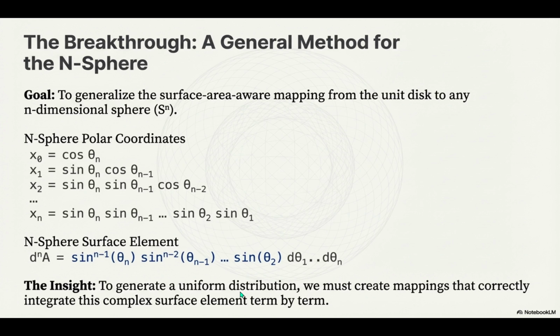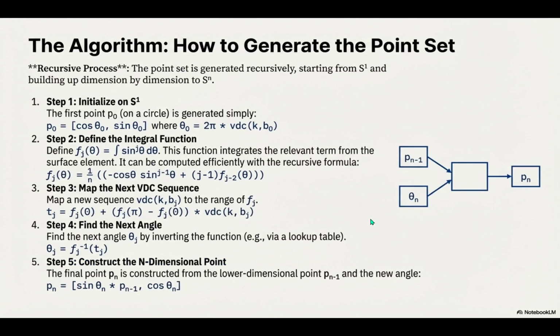And this is why the approach in the source material is so significant. They figured out how to generalize this principle using a really elegant recursive framework. Okay, let's step into that breakthrough. How does this new algorithm handle that massive trigonometric product in the surface area element? Recursion is the key because it breaks this heavily coupled n-dimensional problem into a sequence of much simpler one-dimensional problems.